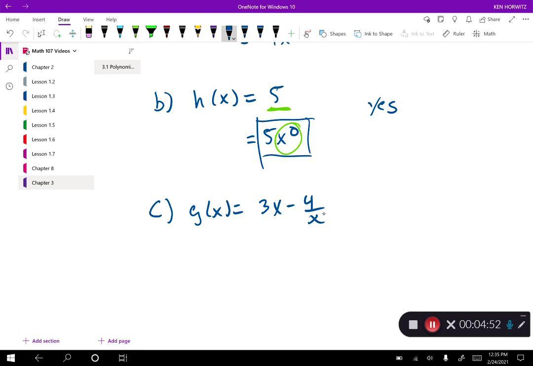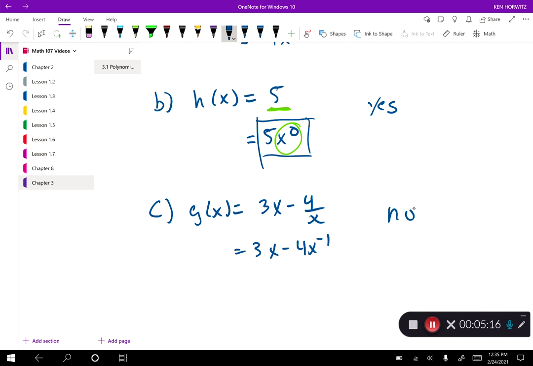And even though it looks like it might, if you wrote it as a string like that, you would see that the x in the denominator actually is an exponent of -1. So in this case, this does not fit the definition, hence, no, it is not a polynomial.